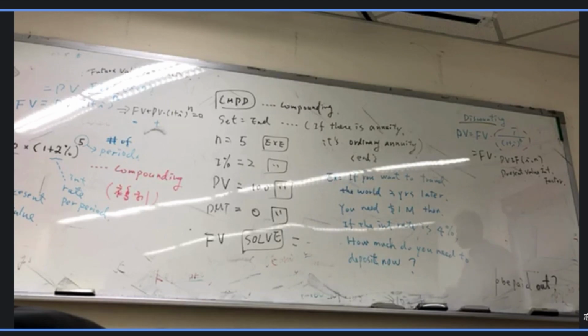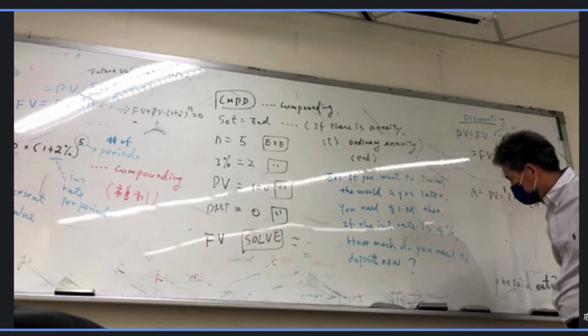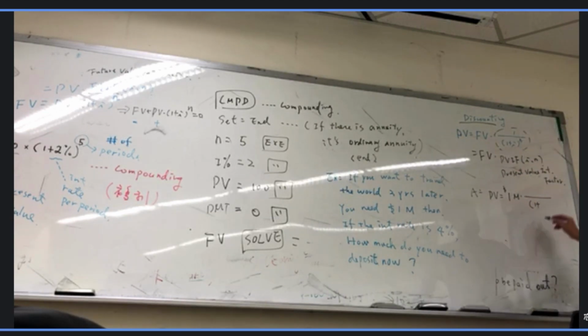So for this case, we have 1 million in the future, we want to save 1 million, and then we discount it at 4% with 3 years, right?